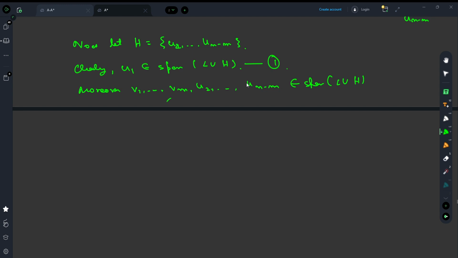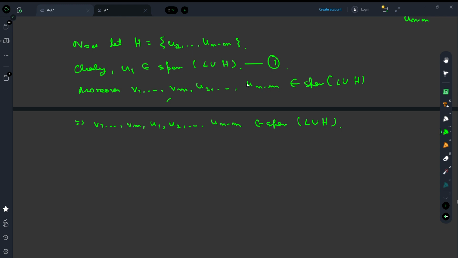That's a trivial observation. So we have u1 in the span of L union H, and v1 till vm and u2 till u_{n-m} in the span of L union H. So this implies that v1 till vm and u1, u2 till u_{n-m}, all of these vectors are in the span of L union H.